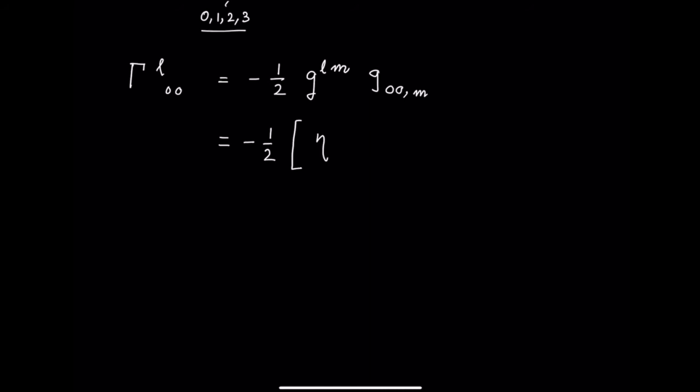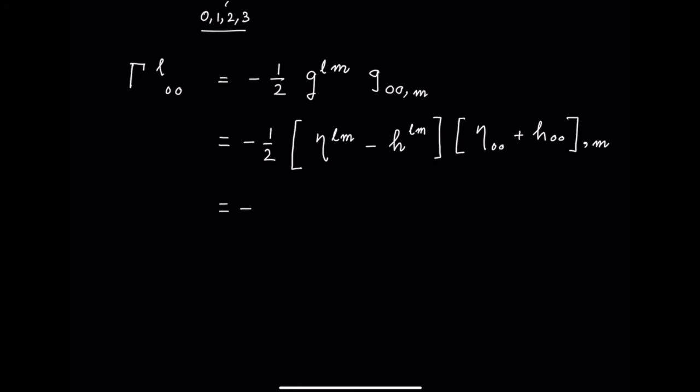So this essentially is eta Lm minus the perturbation h Lm, and this times eta 00 plus h00 derivative with respect to m. Now eta 00 is constant, so the derivative with respect to m for that is 0.